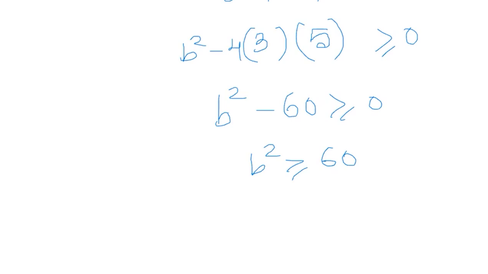So can you think of some b values? b could be like 8, or root 60, or 8, 9, 10, 11. So many are possible.